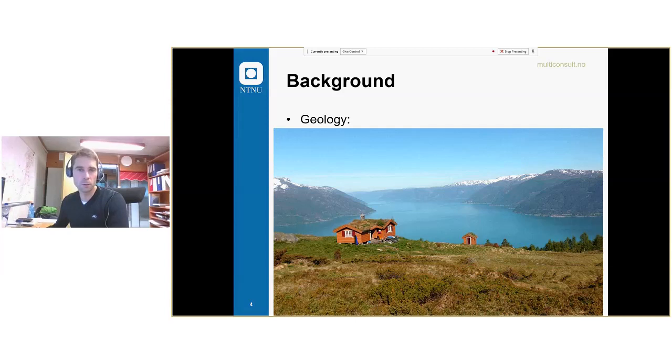You see the tall mountains, the steep valleys, and the deep fjord. This place is about 1,200 meters deep, and within the fjords you have soft sediments. So there might be challenges also related to that if you want to place a fixed structure, or if you will anchor structures.